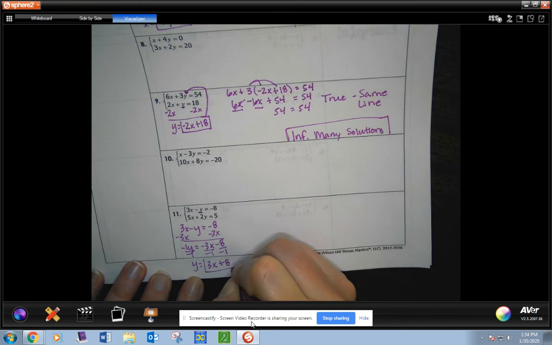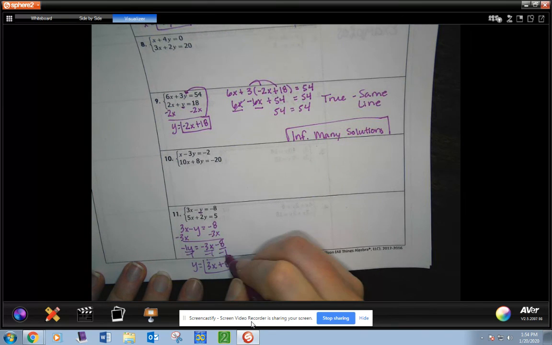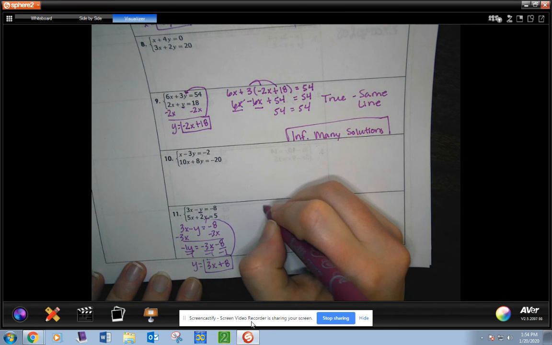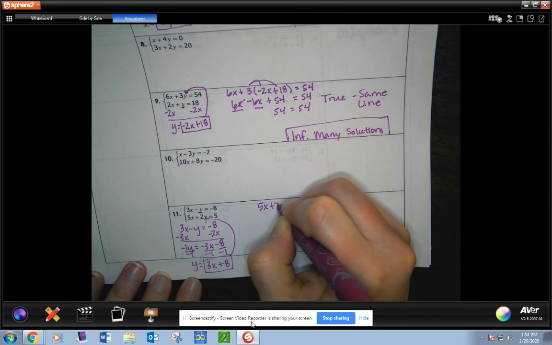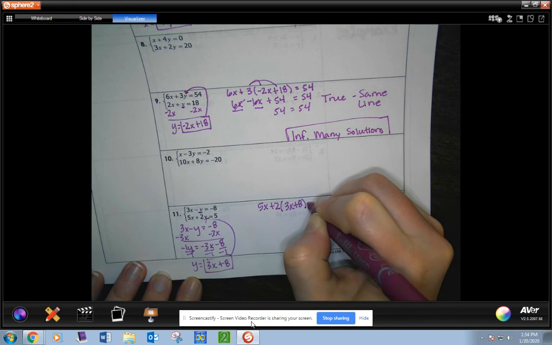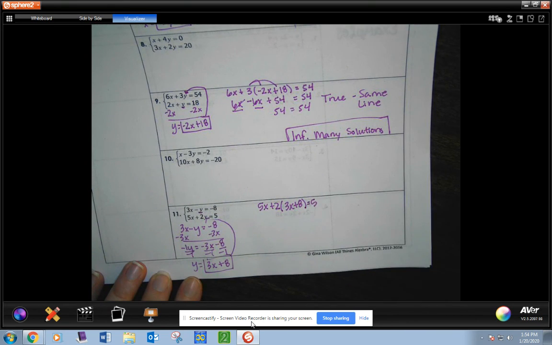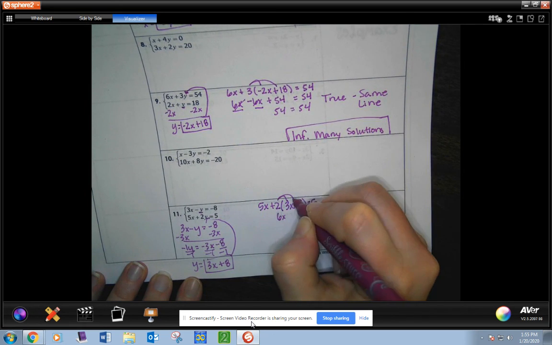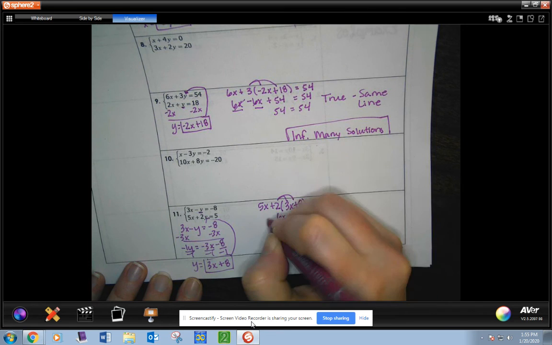I'm going to box that, and we're going to replace in the bottom equation because that's the one we didn't change, and we're going to replace the y because y is on the outside. So we're going to do 5x plus 2, open parentheses, 3x plus 8, close parentheses, equals 5. Distribute, so 2 times 3x is 6x, and 2 times 8 is 16.